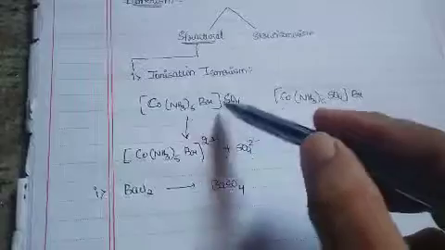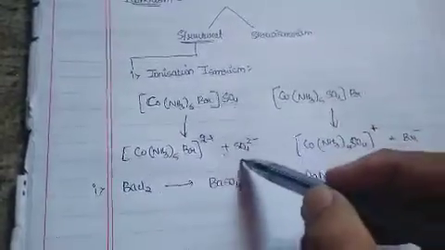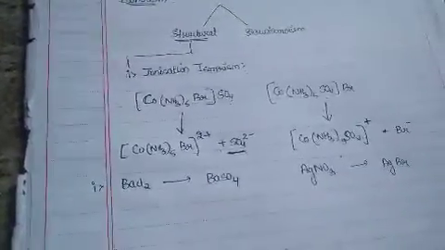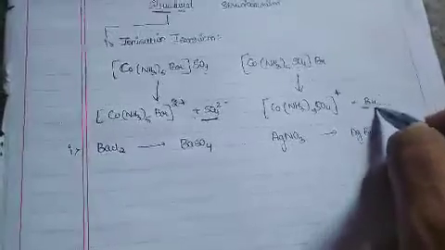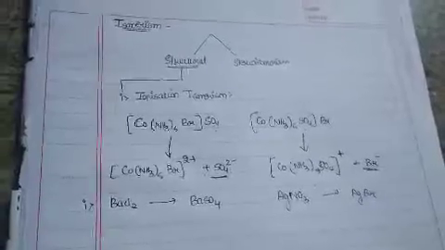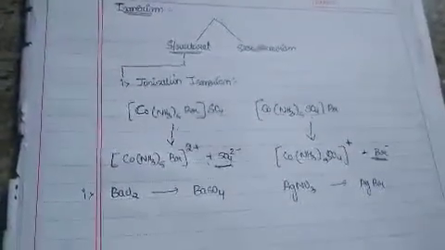When they are dissolved in water, what happens? In the first case, I got sulfate as an ion, and in the second case, I got bromide as an ion. So this type of isomerism is called what? Ionization isomerism. Is that clear?